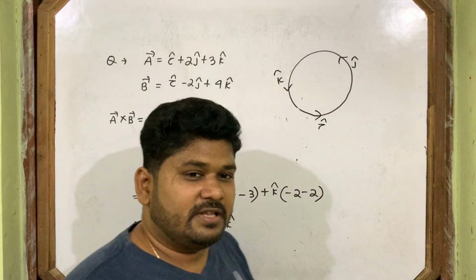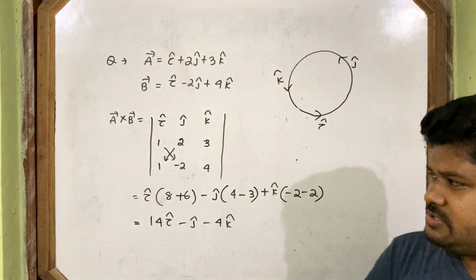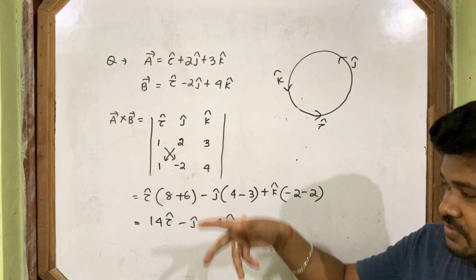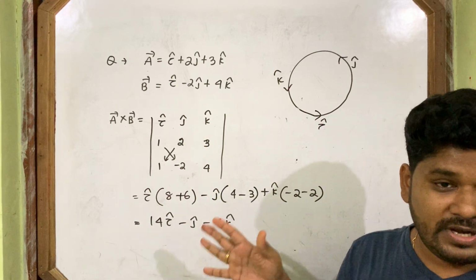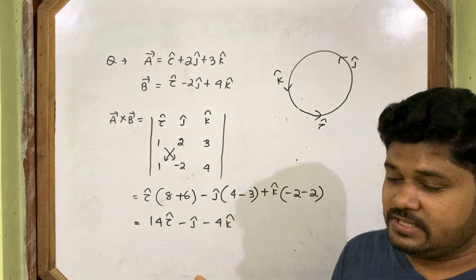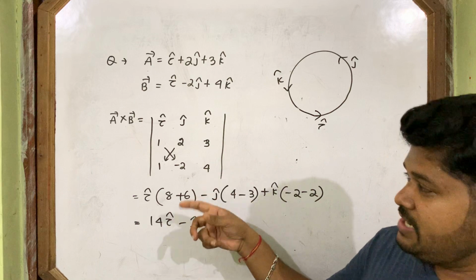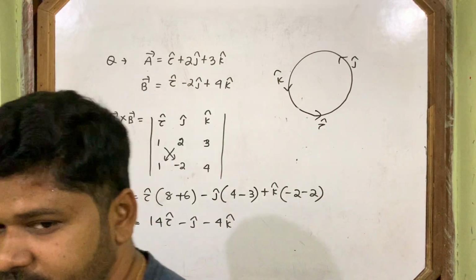Very easily we got the answer if you do it in this determinant method. If it seems too difficult for you, you can write that long formula. To write the long formula also I told you the trick. Then you put these values and get the answer.